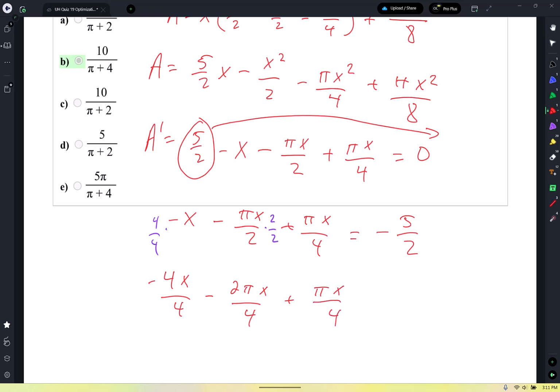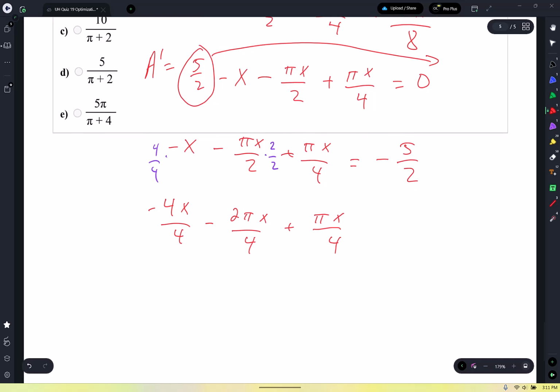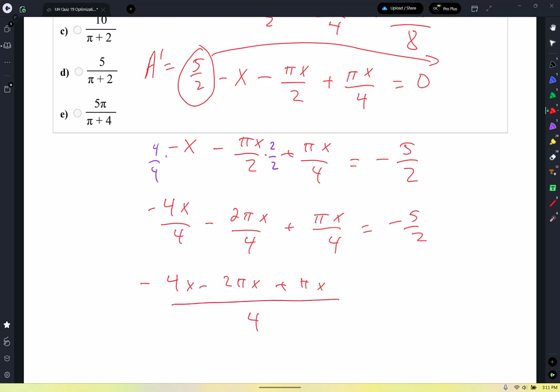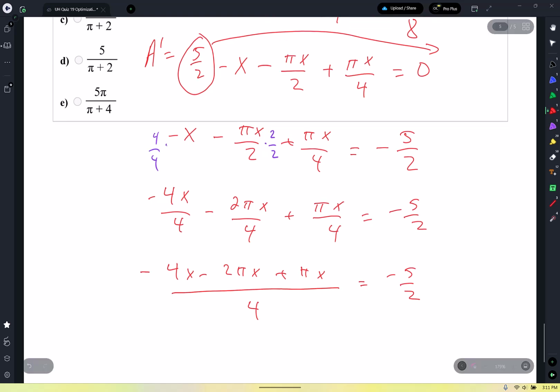I think we're okay. Equals negative 5/2. Let's see. Negative 4x minus 2 pi x plus pi x, all this is over 4, equals negative 5/2. Are we still okay, guys? We still okay? Times 4.